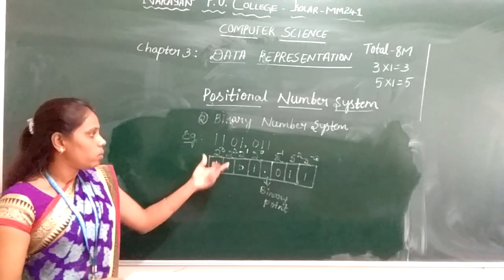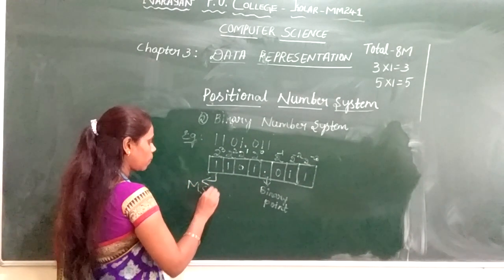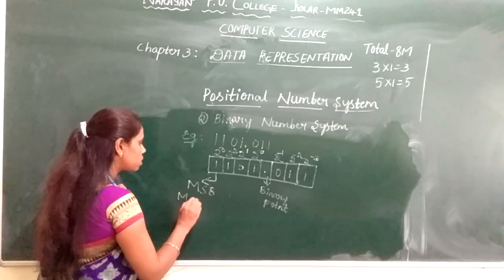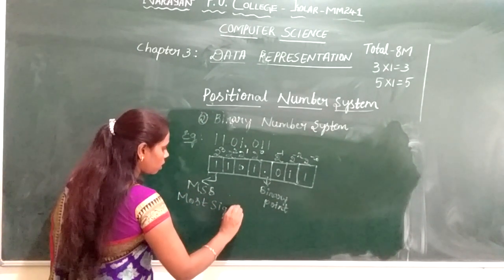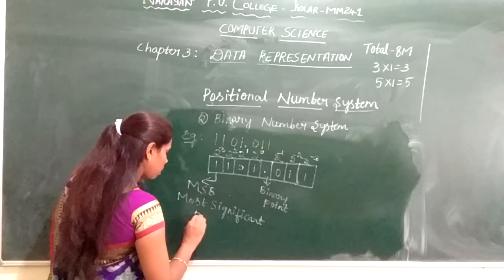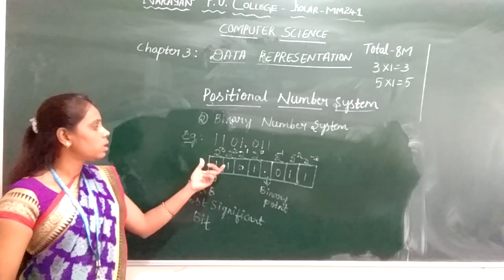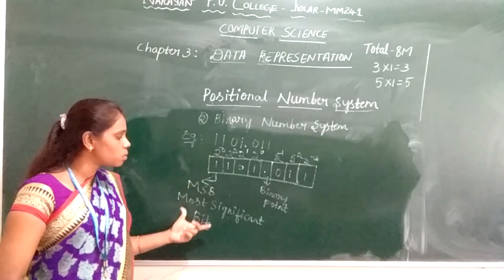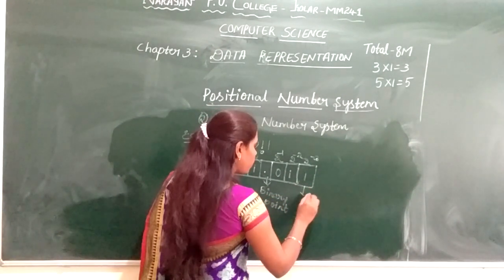Now this is called your MSB. MSB stands for most significant bit. Most significant bit is nothing but the bit which has the highest weightage. We call it most significant bit, and this is the LSB.